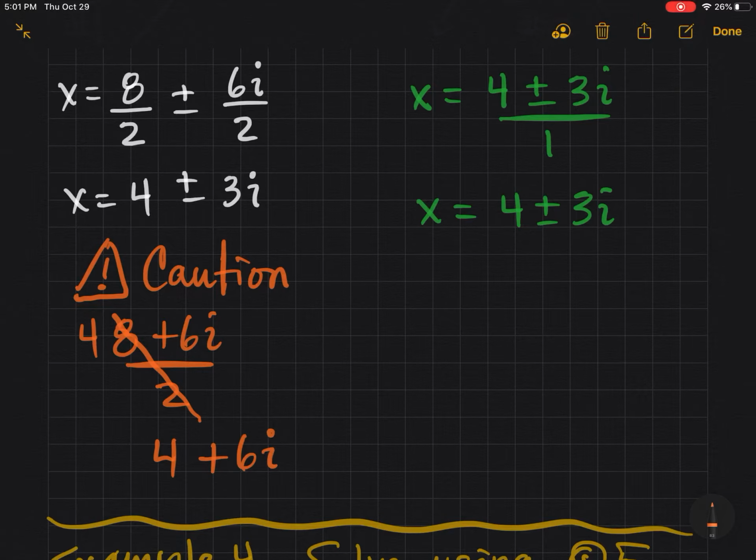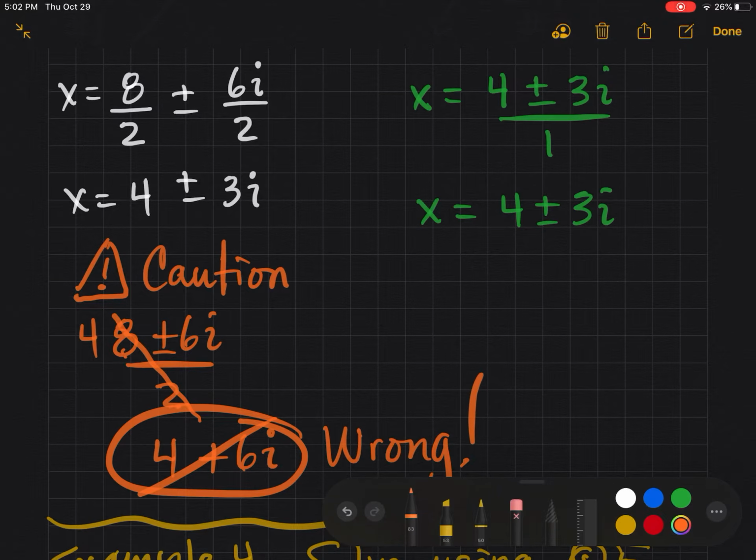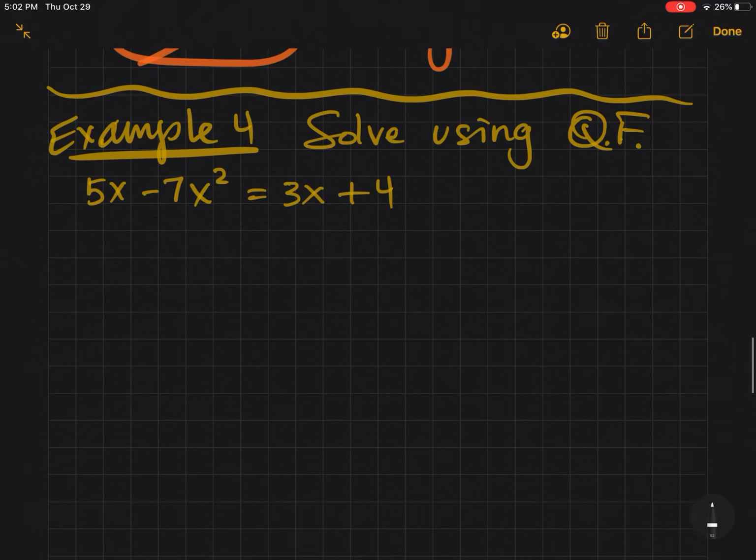I hope you can see the error in that. If you do this, you're only giving the 2 to the 8, but this 2 belongs to both parts of the numerator, not just the 8. So this is wrong, wrong, wrong. You don't want to do that. Just want to prevent that before it happens.